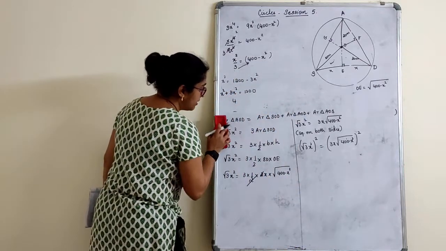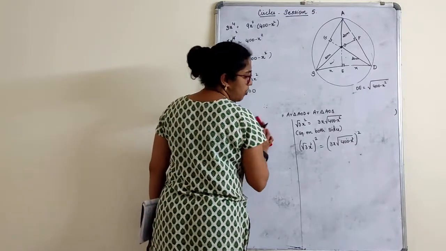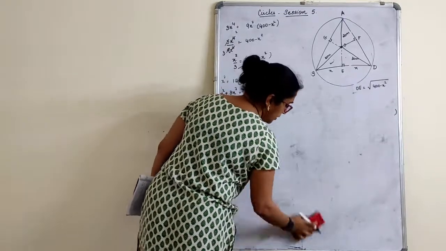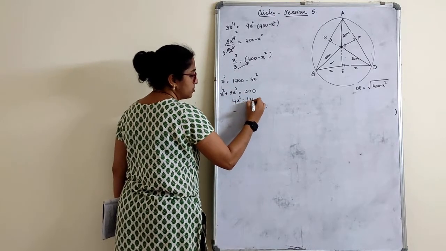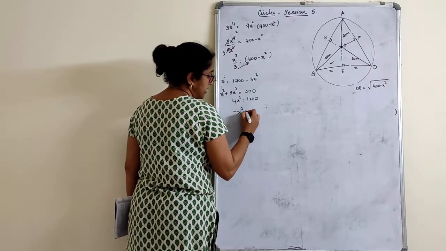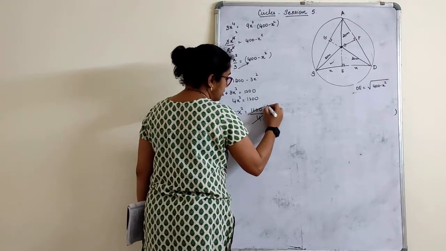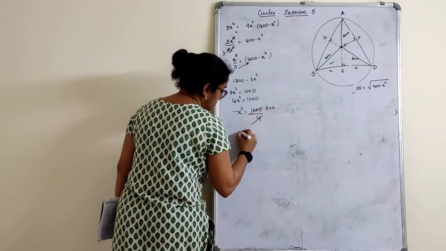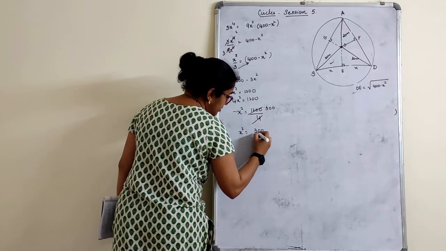Shall I rub this, children, now? See, you all can just pause the video there and then and just copy it down. It will be simple for you. Okay? 4x square is equal to 1200. X square is equal to 1200 by 4. 4 ones are, 4 threes are. X square is equal to 300.